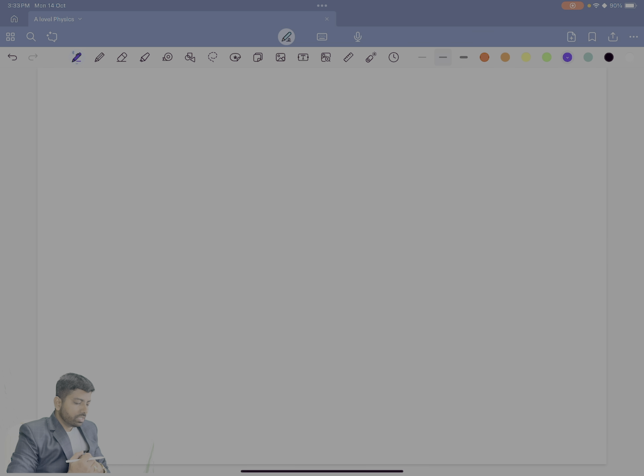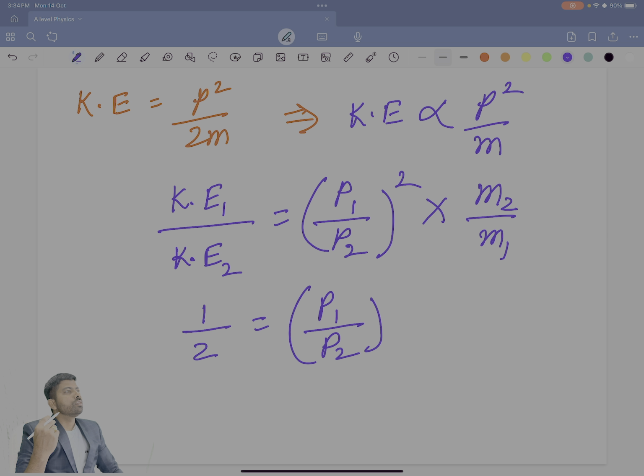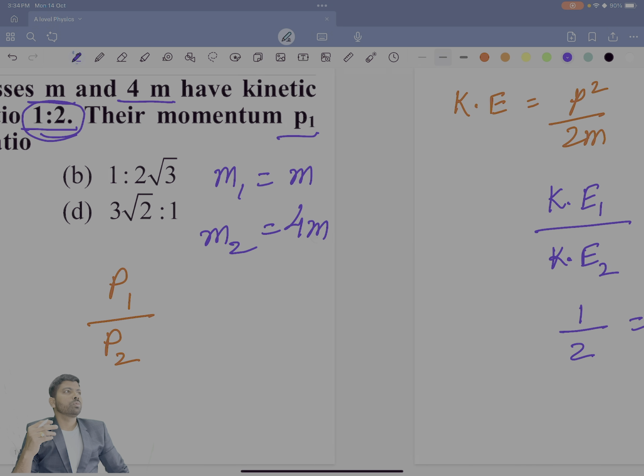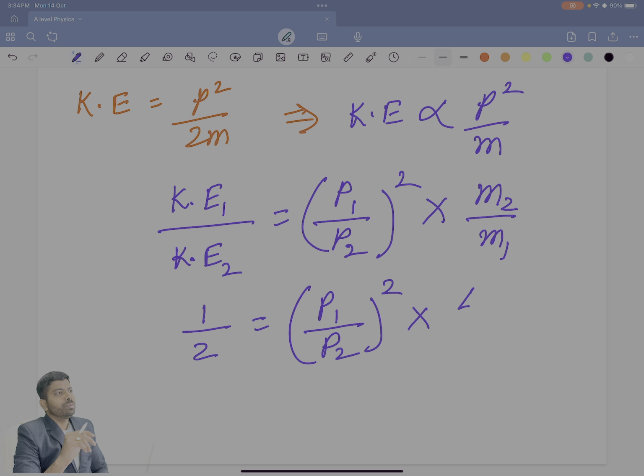Therefore, if I write the same thing here, the kinetic energy of the first one and second one are in the ratio of 1:2, then I can write P1 upon P2 square, which we do not know, but mass 2 and mass 1: mass 2 is 4 times m and mass 1 is m.